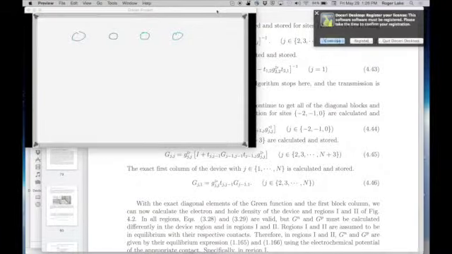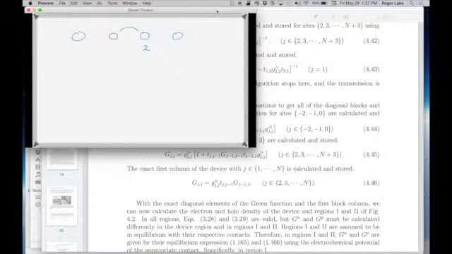So now we have site 1 and site 2, and that means this becomes our V, T12 and T21.